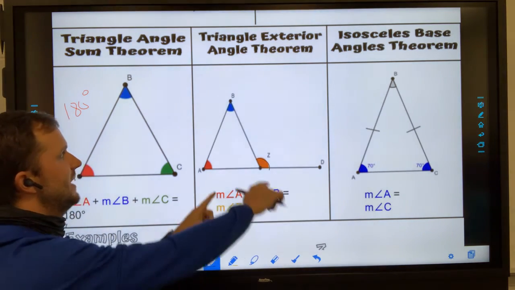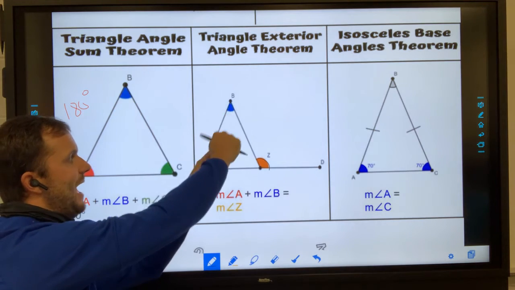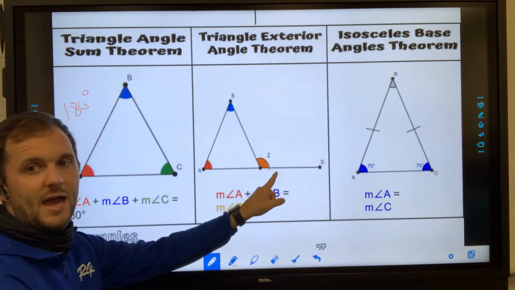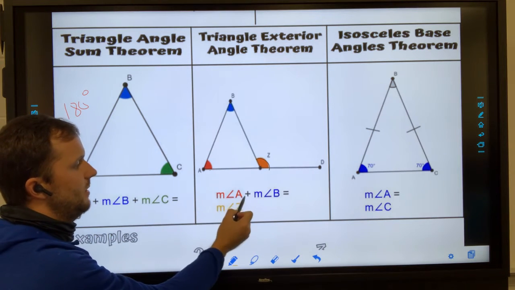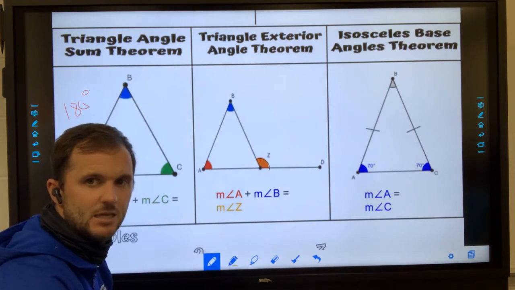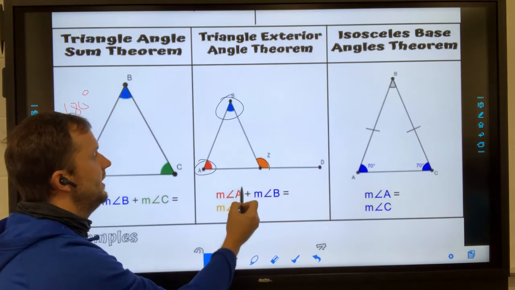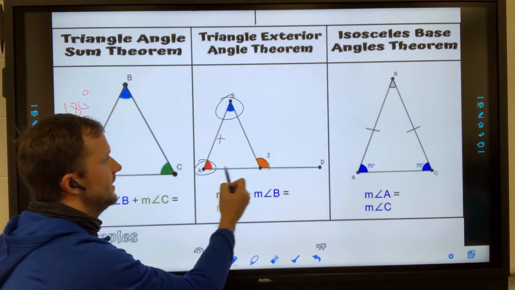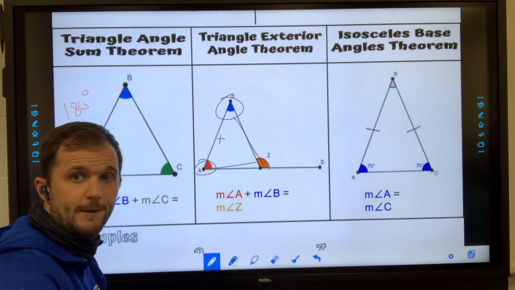So I'm gonna take these 2 angles right here that are opposite of that angle and add those together, and it's gonna equal the exterior angle. So right now, the measurement of A plus the measurement of B is gonna be equal to the measurement of Z. I take those 2 remote angles, angle A and angle B, add those together, and it's gonna equal angle Z, which is my exterior angle, okay?